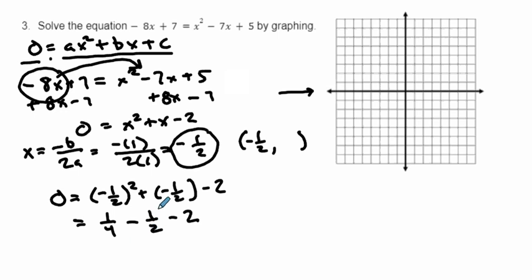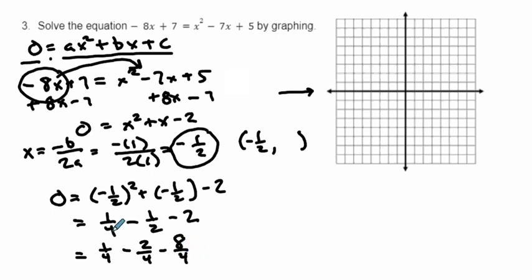Now let's write this in terms of fourths. So that's going to give me 1/4 minus 2/4 minus 2, and let's write 2 in terms of fourths as well, minus 8/4.